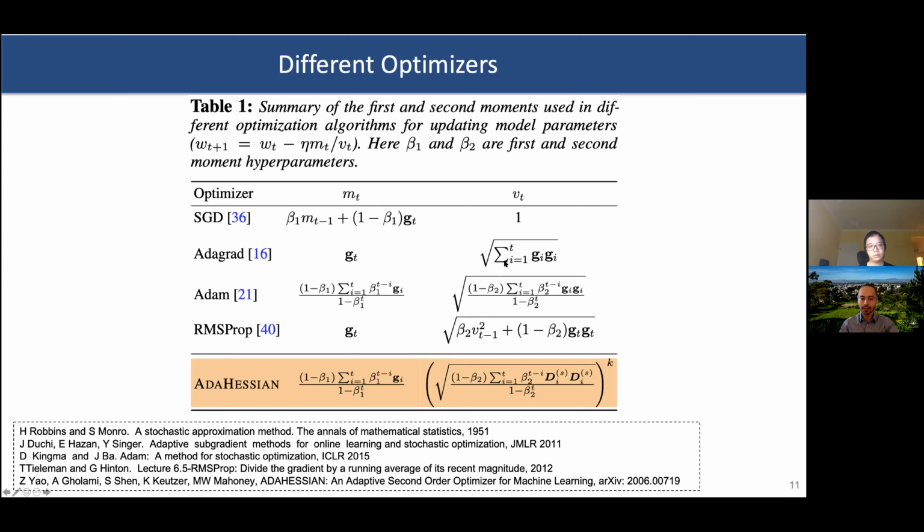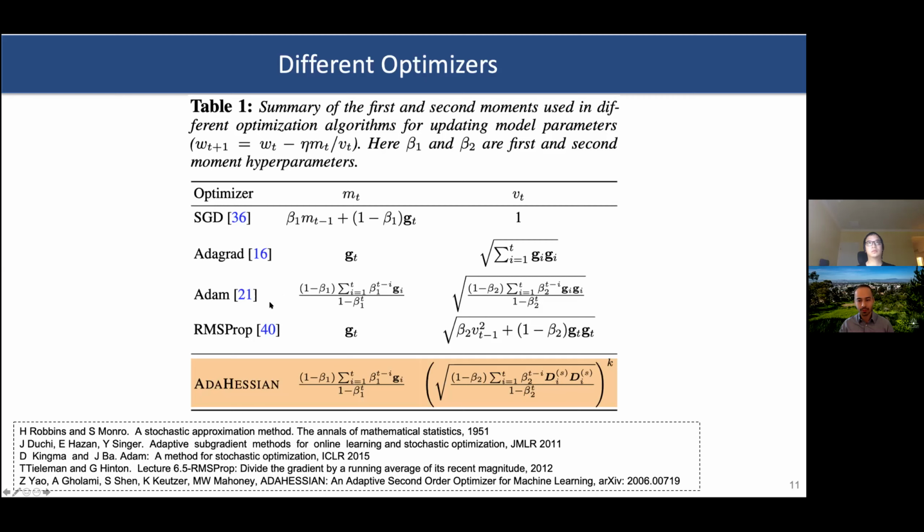And then you're correcting the second moment with GG, the element-wise product of the G's. And this is a well-known problem of vanishing step size because you keep accumulating something in the denominator. So this is basically your update formula, eta times mt divided by v. And this v keeps growing and growing and growing. And as a result, you have a vanishing step size. So you get stuck. You lose momentum at some point.